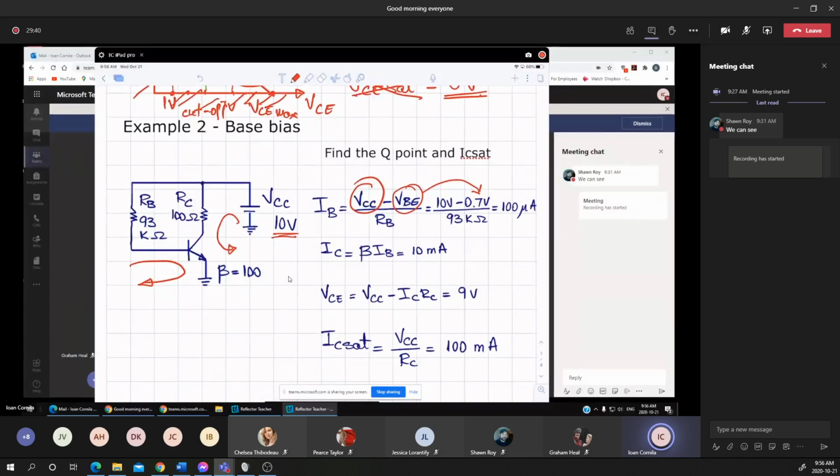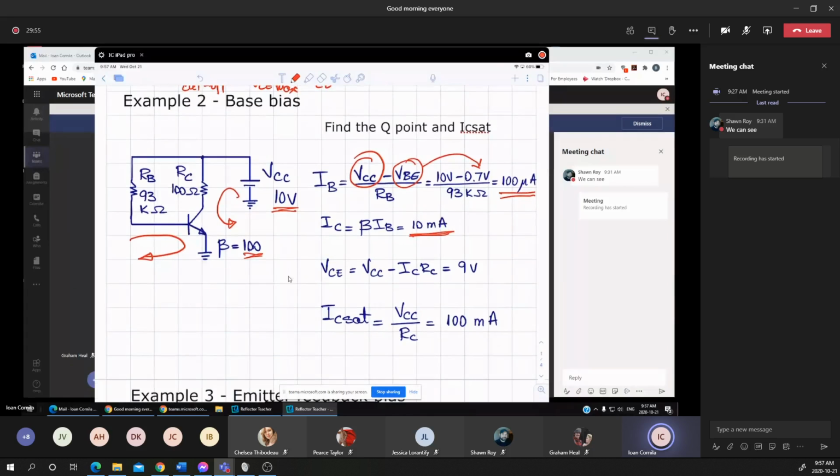10 volts minus 0.7 divided by 93 makes 100 microamps. 100 microamps multiplied by the beta of 100 makes the collector current 10 milliamps. Now, the other coordinate of the Q point.